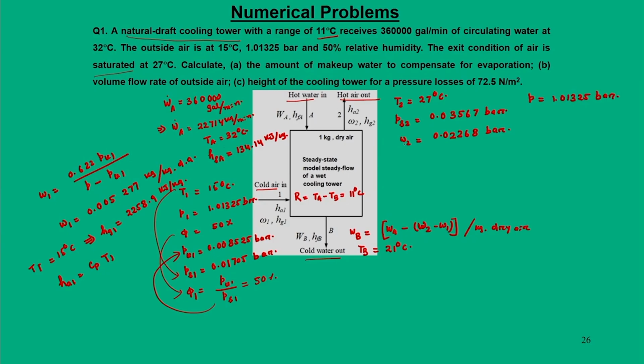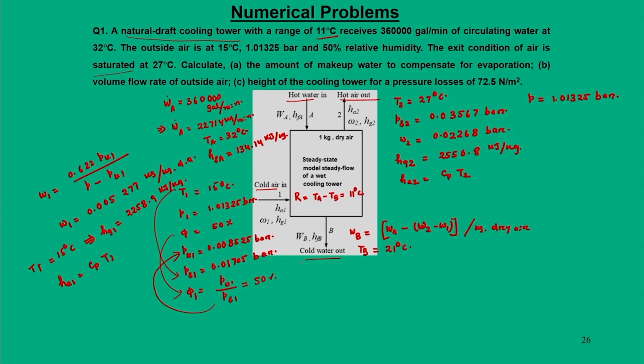So we have omega 2, then we have Hg2 corresponding to 27 degrees centigrade using the steam table. It is 2550.8 kilojoule per kg. Then HA2 is equal to Cp times T2. So we have all the data at all locations.